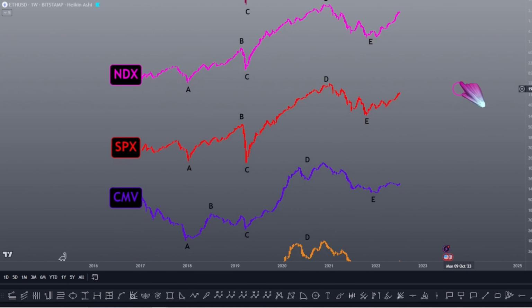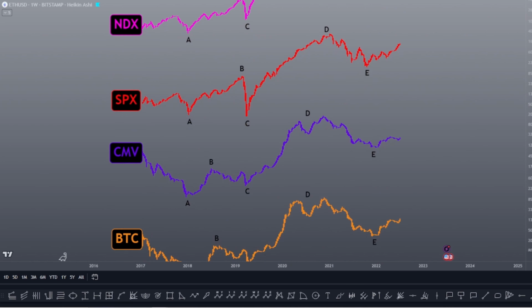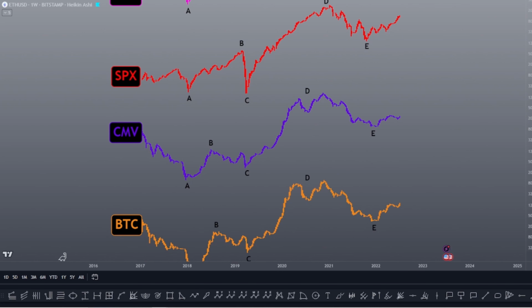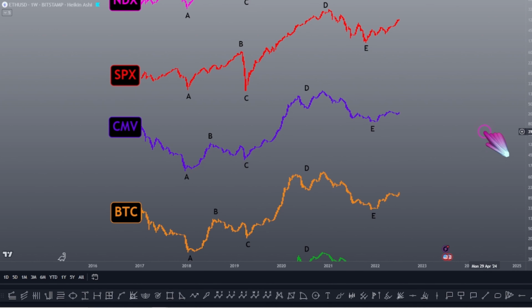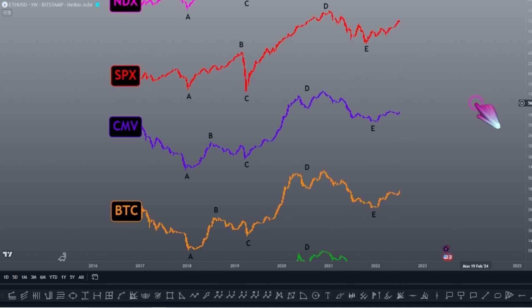But if we do compare these, looking specifically at Bitcoin, the CMV, and the SPX, we can see, especially with respect to A and C, these lows happened pretty much right on top of each other. And these are overlaid to match up, as they clearly do match up. Right now, the stock market, Bitcoin, and cryptocurrency more broadly are correlated in that when they're going up, they're typically going up roughly in unison, and when they go down, they go roughly in unison.